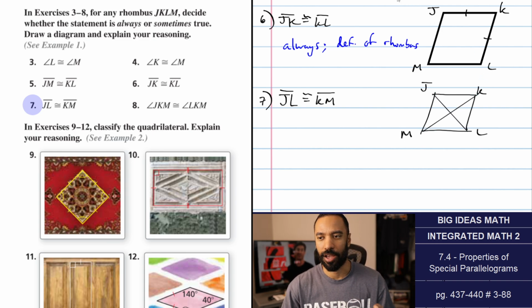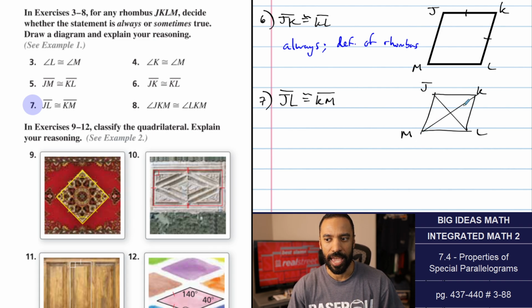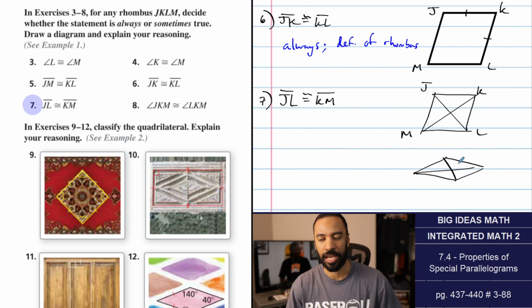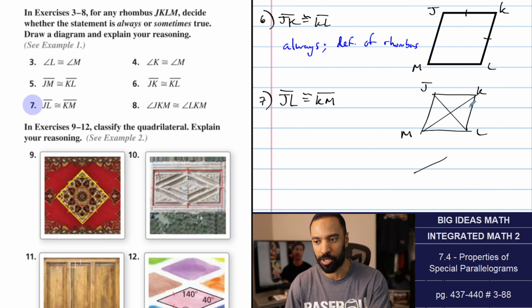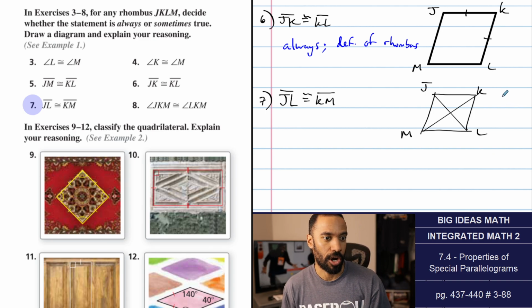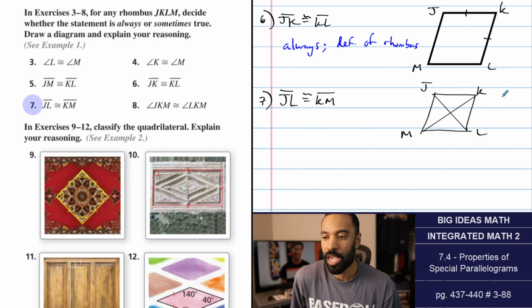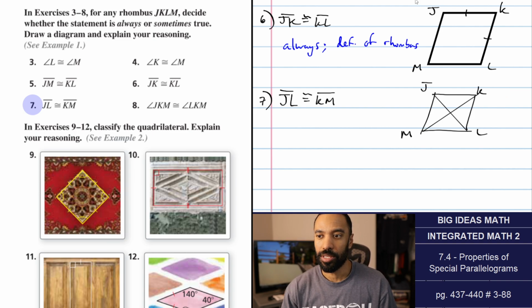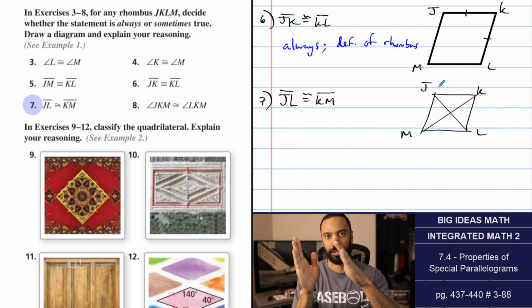And probably not very obvious, I didn't draw it very extreme, but KM is longer than JL in this case, right? If I go more extreme like this, clearly one diagonal is longer than the other. It's not a requirement for this to be true in rhombuses. Can it be true in rhombuses? Yes. My options are always or sometimes. There's no never case. In what case are these congruent diagonals? It's only in the case when that rhombus gets going this way.